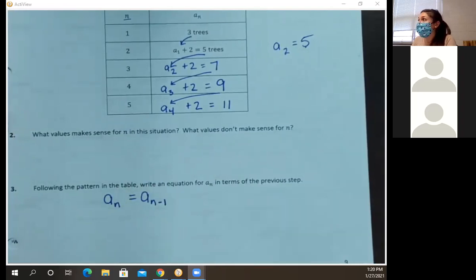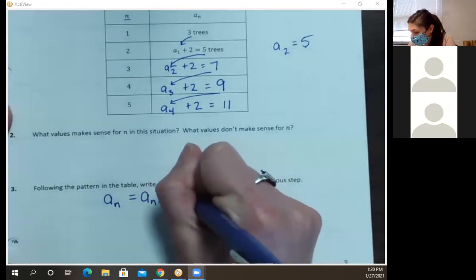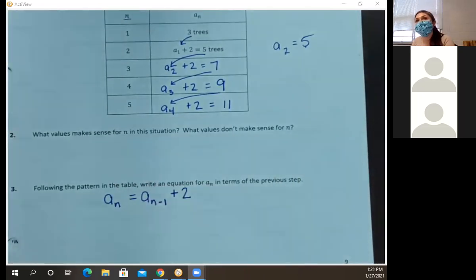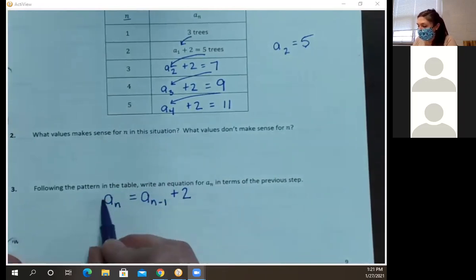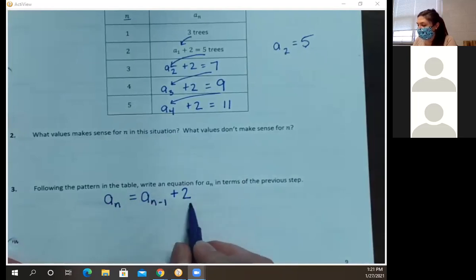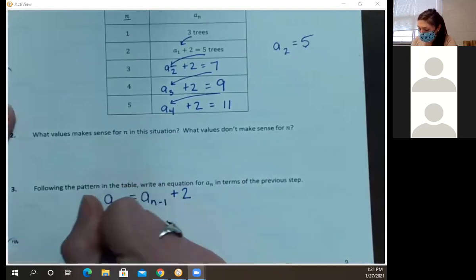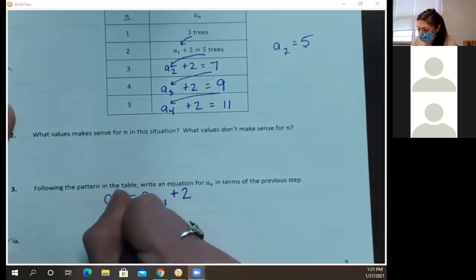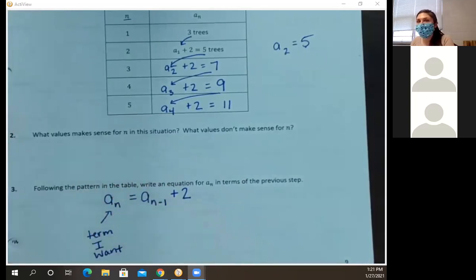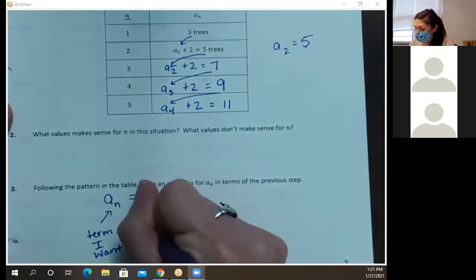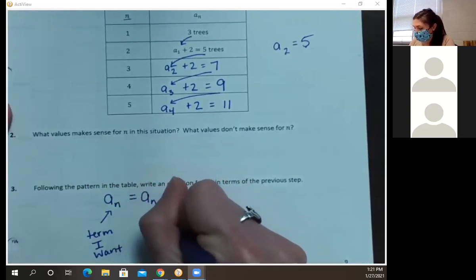And then let's add 2. So this is a way that I can represent any term in my sequence. Any term is the term before it plus 2. So a sub n is the term I want, and n minus 1 is the previous term.